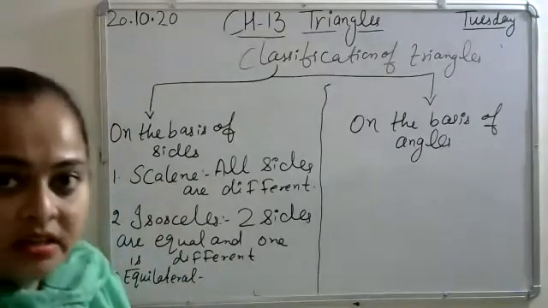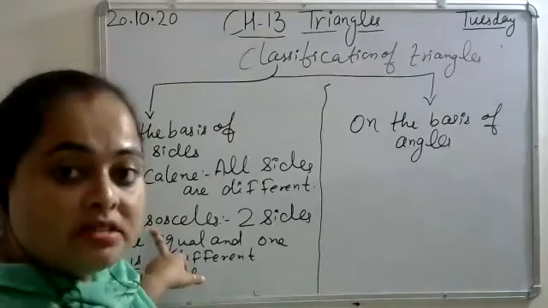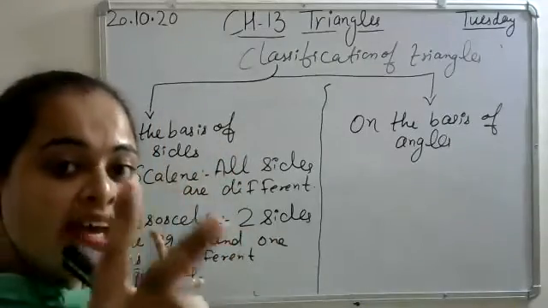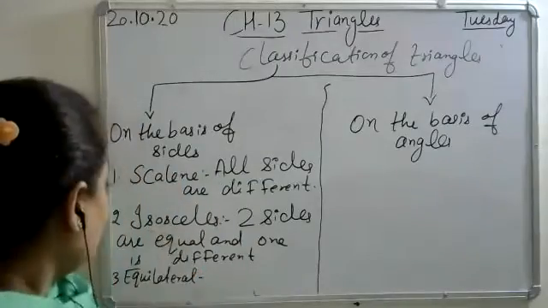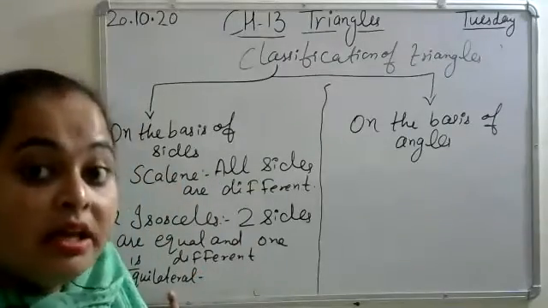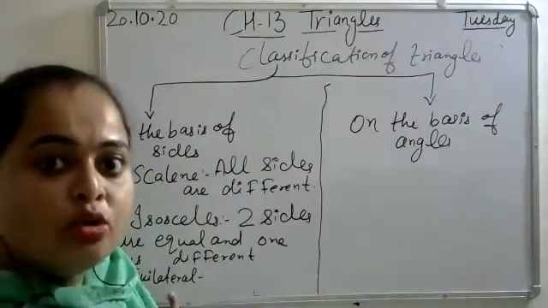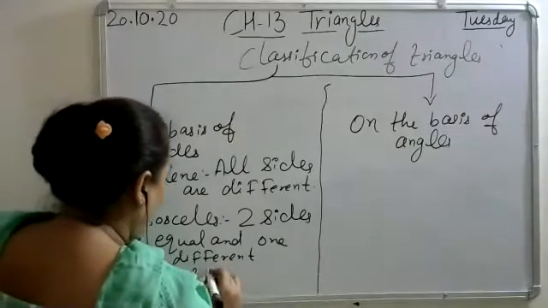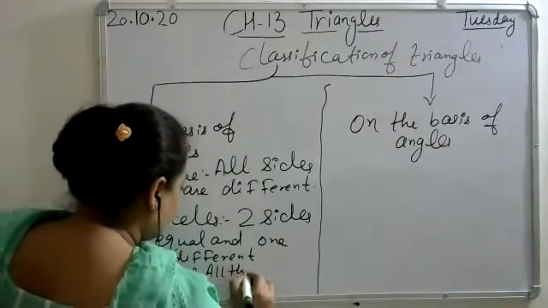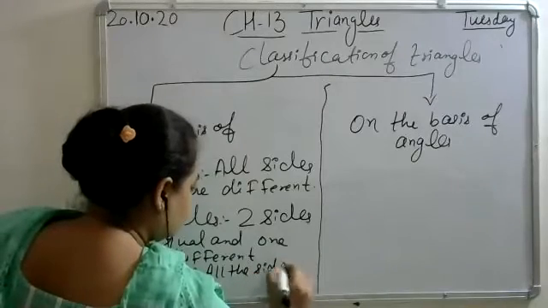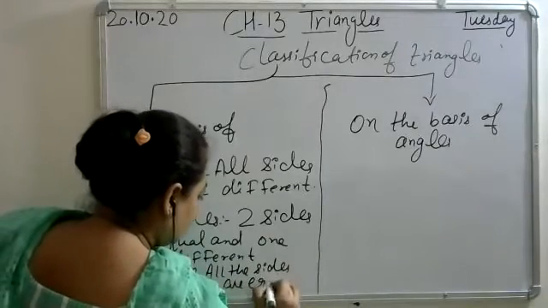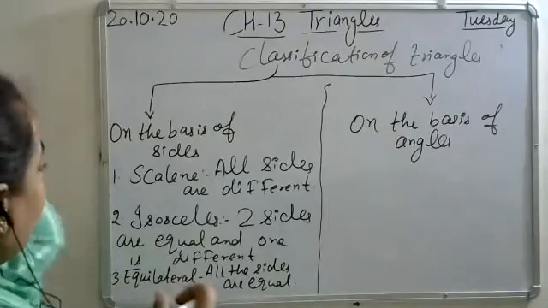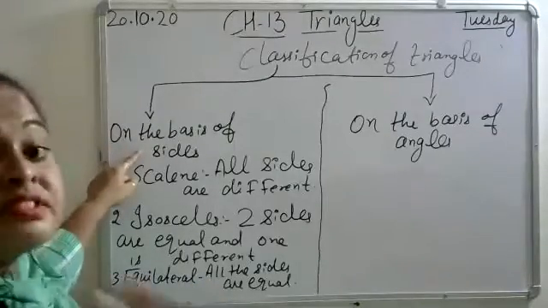Keep in your mind, iso word is used for two. It means two sides are equal. Equilateral, equi word is used for all equal. All the sides are equal. So this is the classification on the basis of sides.